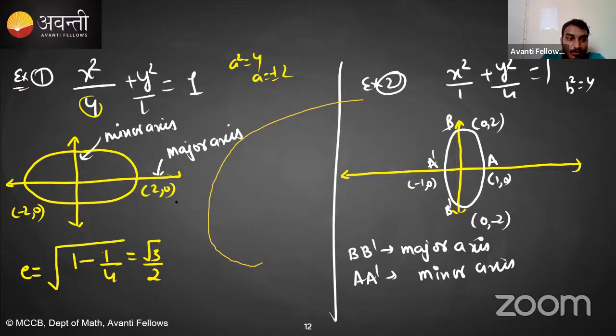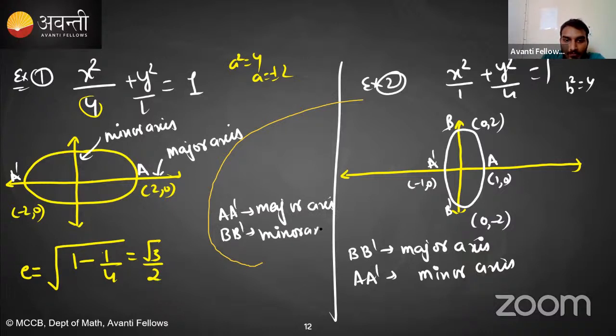And in the earlier case, what was it? In this case, A dash is the major axis, and B dash is the minor axis. Is this clear, students? Is there any doubt? Tell me quickly in the chat box.